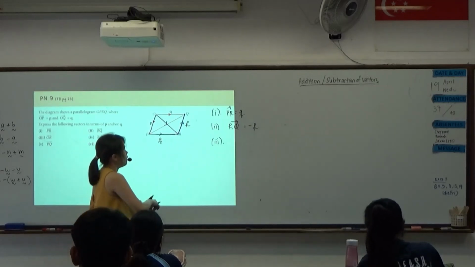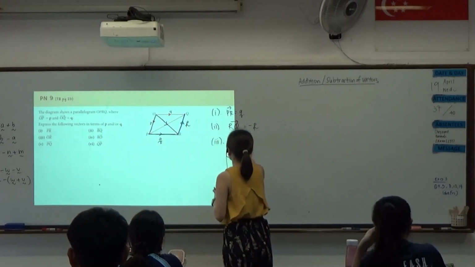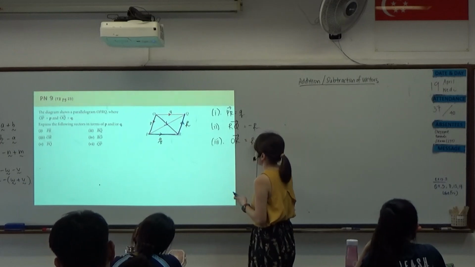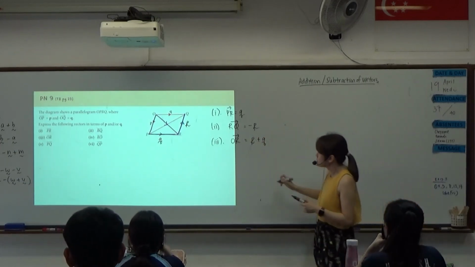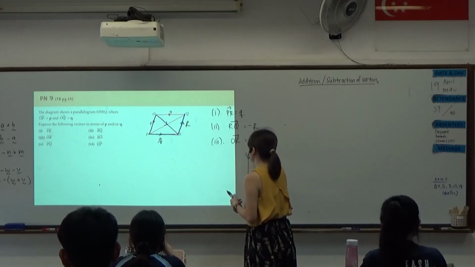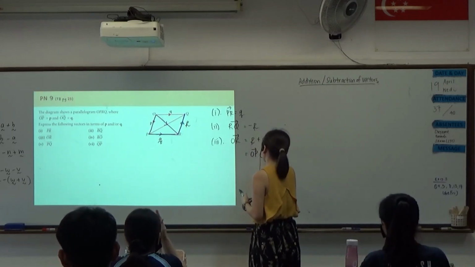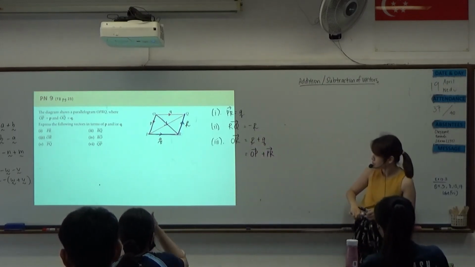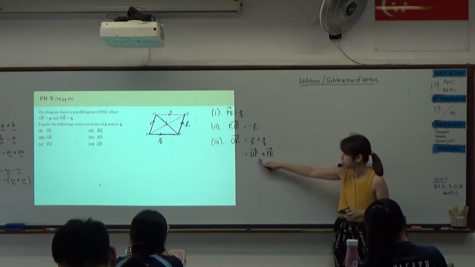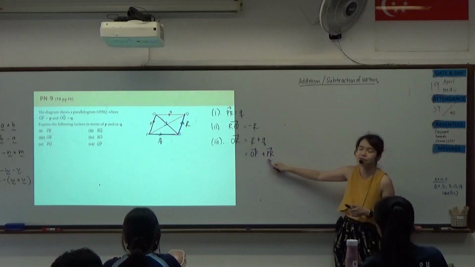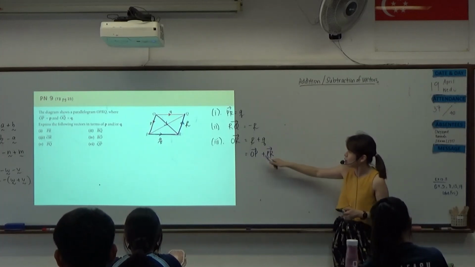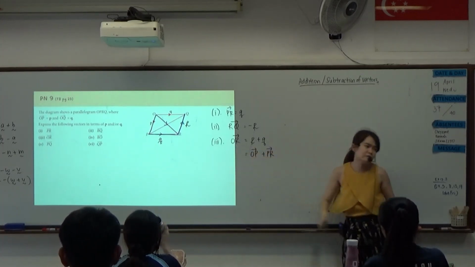Therefore, your OR is equal to P plus Q, because that is equal to OP plus PR. So just a different kind of notation. We earlier said also that in this notation, P and P, they are the same. The resultant will be OR. So that's how we get OR.